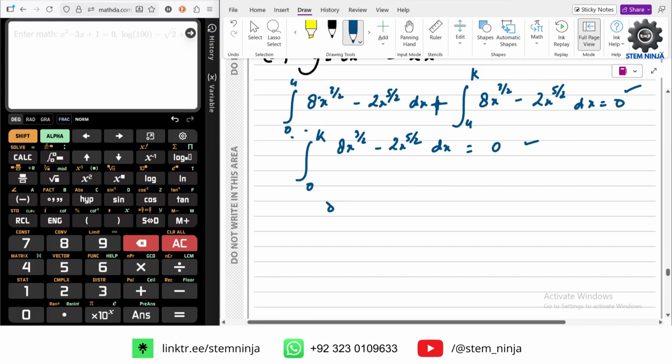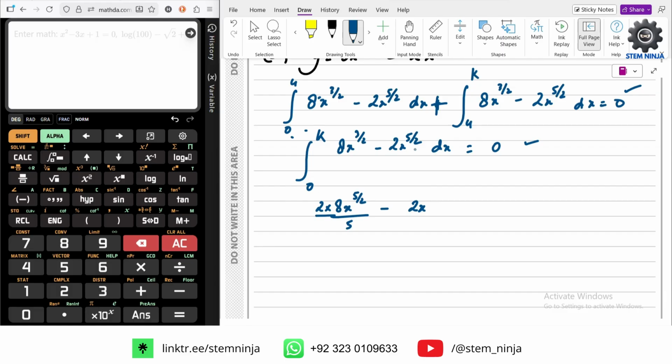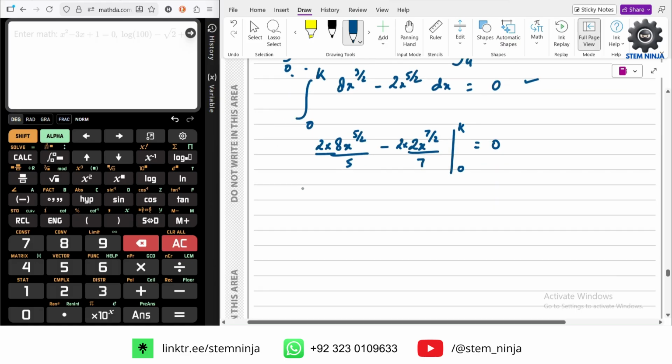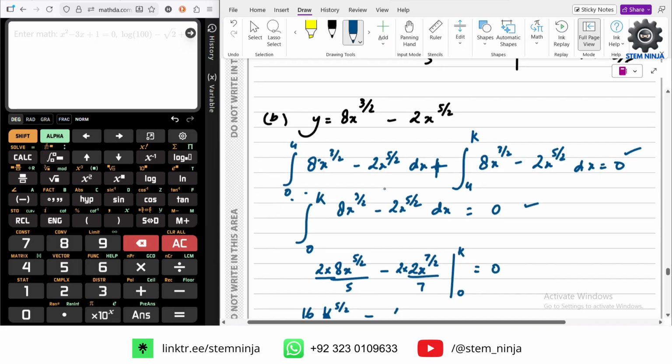So this is integration: 8 times x^(5/2) divided by 5 times 2 minus 2x^(7/2) divided by 7 times 2, from 0 to k, is 0. So this would be 16 over 5 k^(5/2) minus 4 over 7 k^(7/2), right?